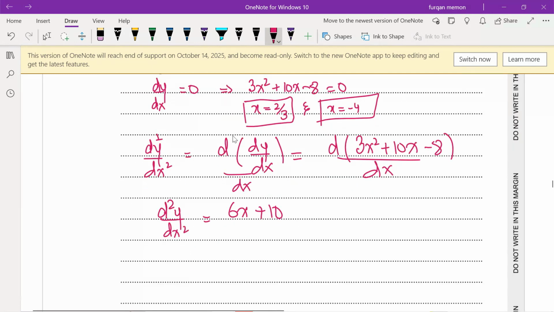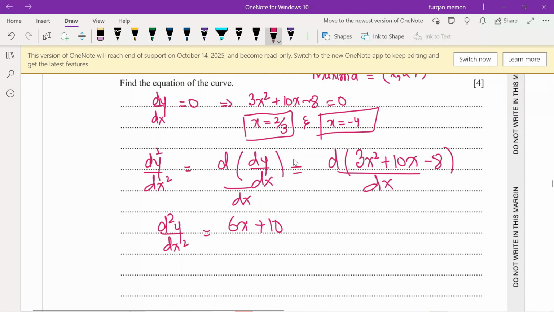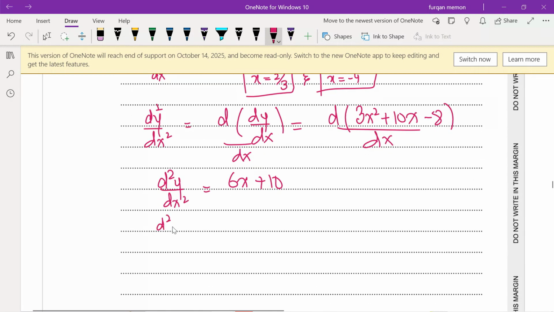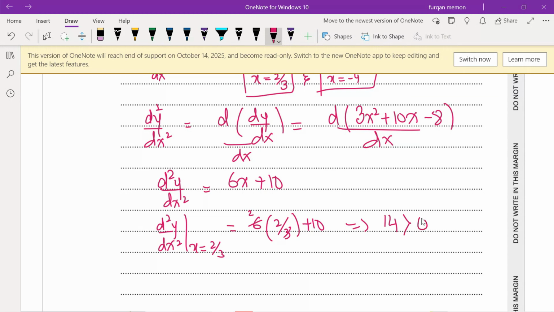Now we plug in these two values. At x equal to 2 over 3, 6 times 2 over 3 plus 10 is 14, which is greater than 0, which means this point is a minimum.